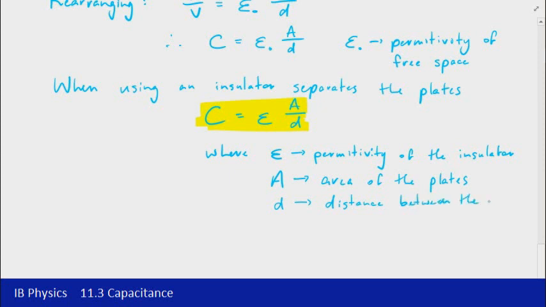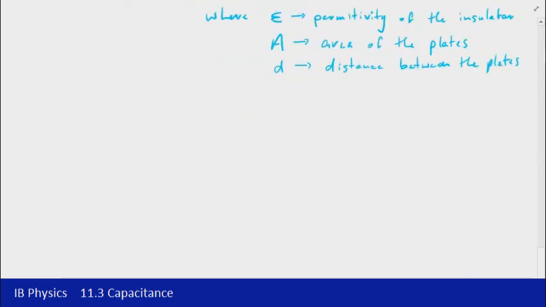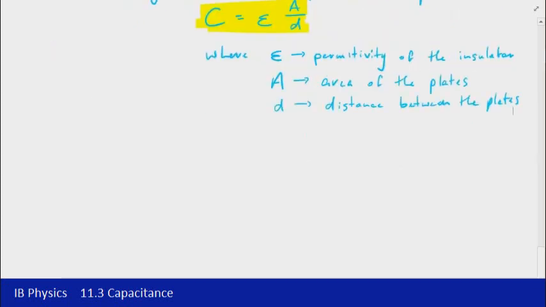Hopefully you can see we've got those three quantities now that we can use to change the capacitance. The first one to look at is that the capacitance is directly proportional to the area. If we increase the area, that means more charge can be stored.